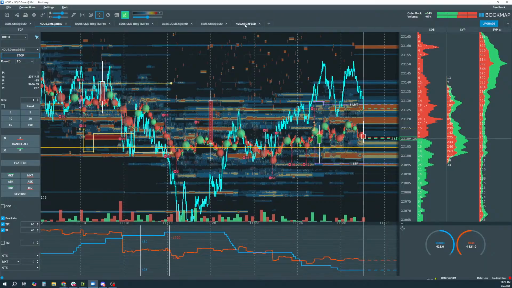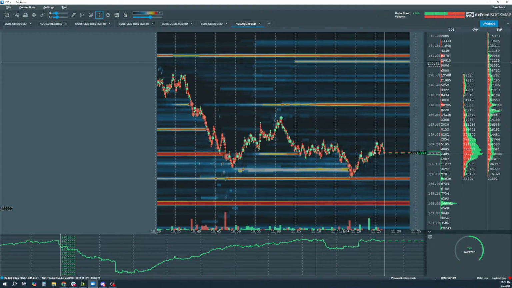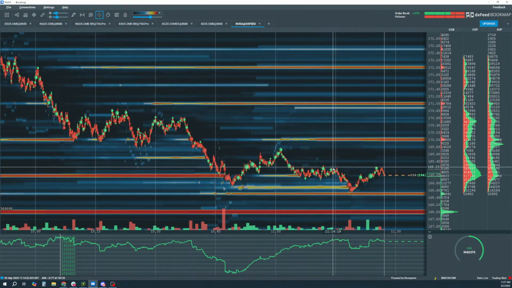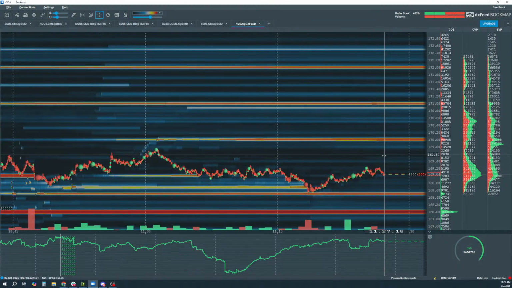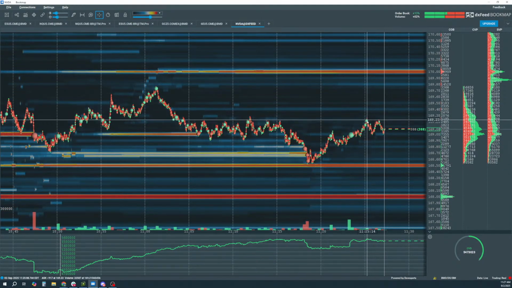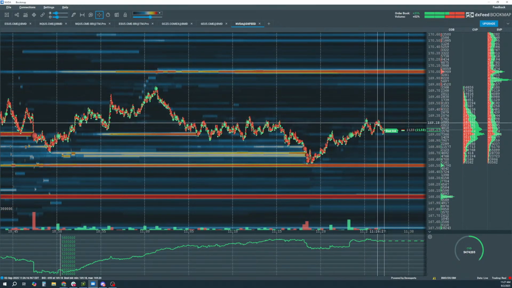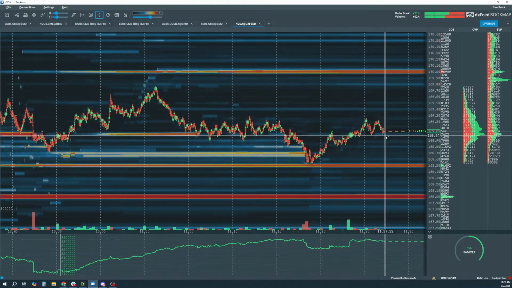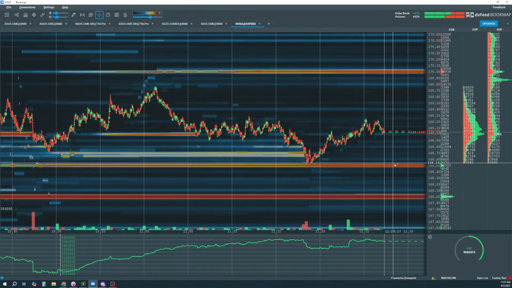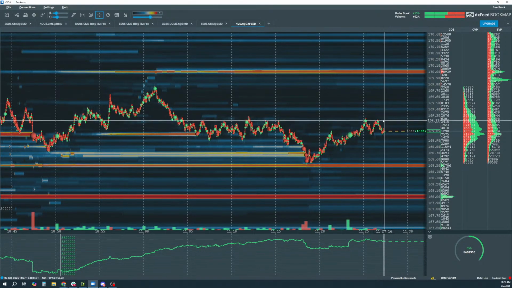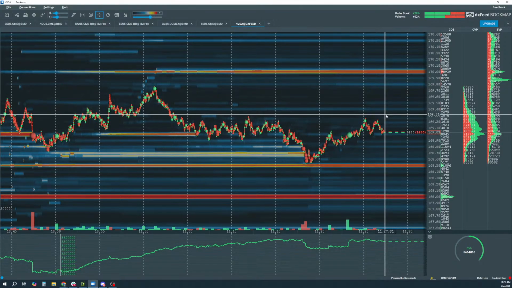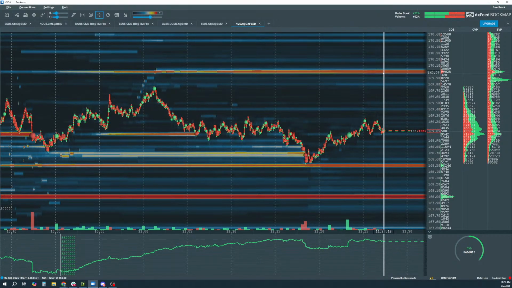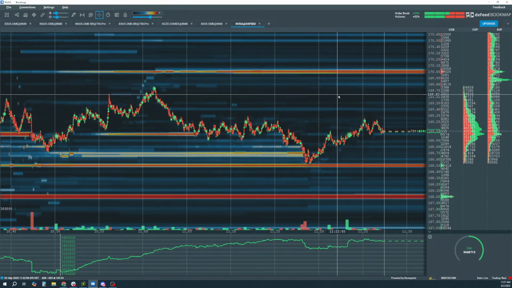So let's actually jump back and take a look at it here. So yeah, here it is, and that's not looking very good actually. Lack of buyers on the double top. We got to get quite a few more buyers up in here for it to come back up into like 170 or so.